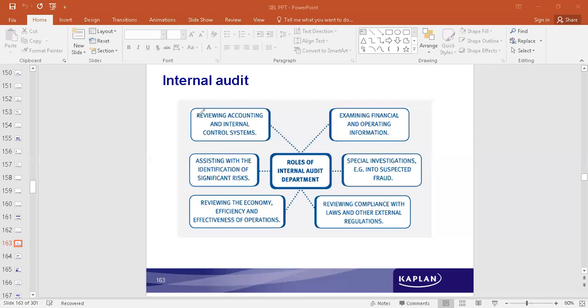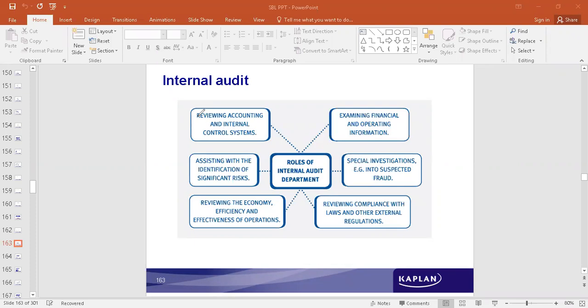The concerned signing authority will look into its effectiveness, whether it is able to identify and eliminate the risk. So the internal control system has to be verified and, if needed, updated. Before the financial reporting happens, it has to be verified, reviewed and signed, validated by a signing officer. So reviewing accounting and internal control system.